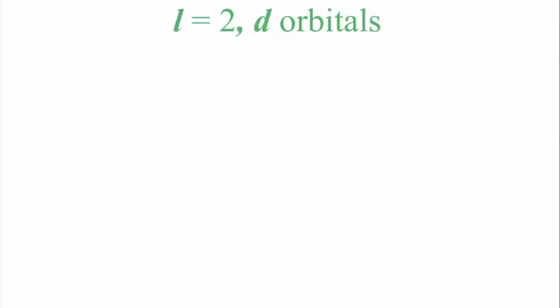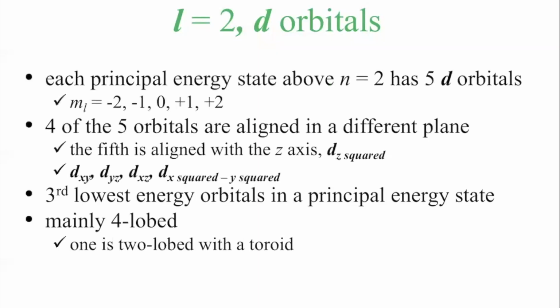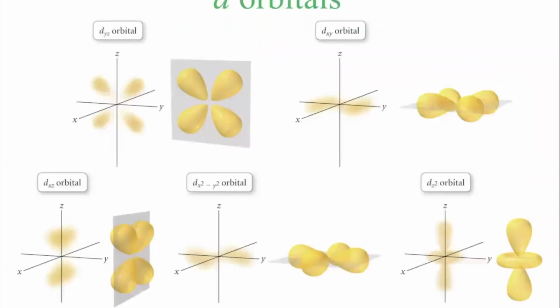Then you have your l equals 2, which is your D. D is going to have 5 orientations because m sub l, which is the orientation, is going to go from -2 to 2. So -2, -1, 0, 1, and 2. And this is how it looks.